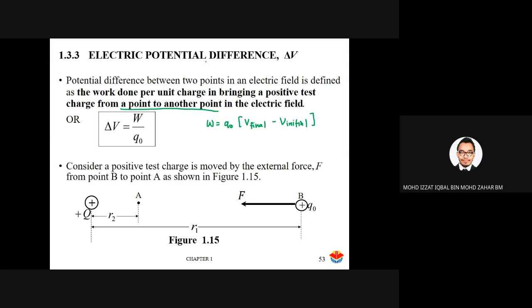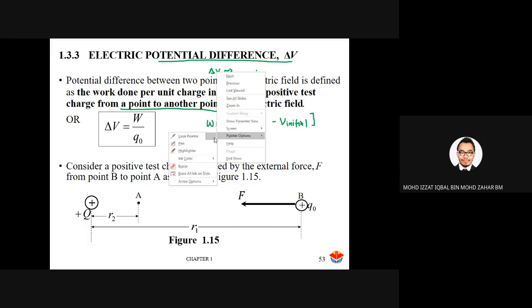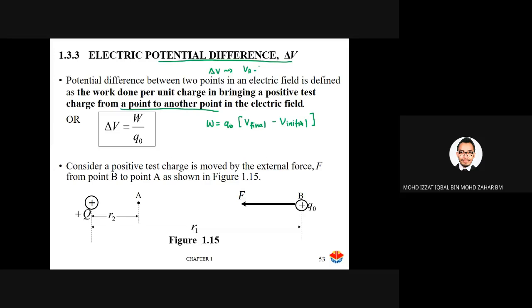So if the question just wants you to find potential difference, you can calculate using V. Kalau soalan tu tak ada kaitan with work, you can calculate VA minus VB or VB minus VA, because the question just want you to find the difference. Tak kisahlah B tolak A ke A tolak B. Dua-dua diterima. Satu tu ada positif, satu tu akan jadi negatif lah. In exam, dua-dua diterima. Remember jangan pening-pening.